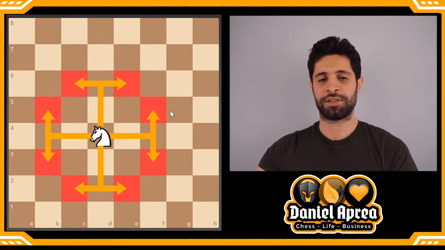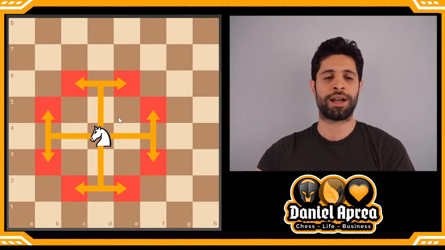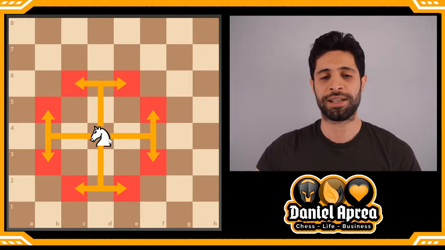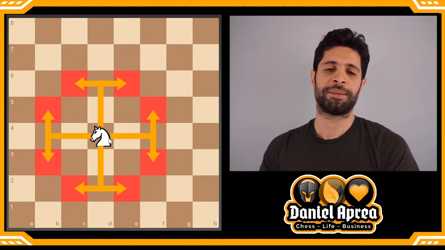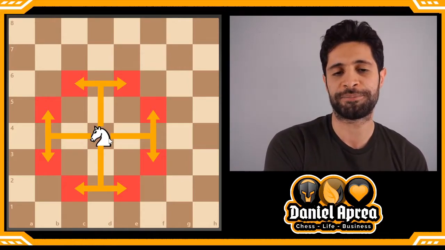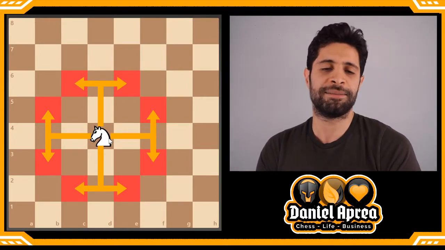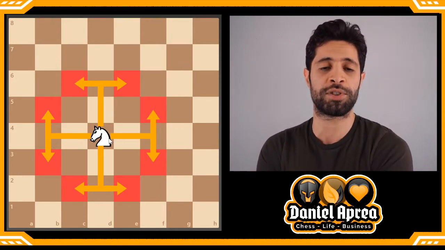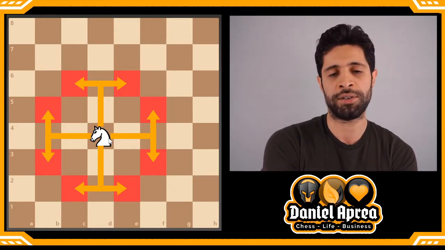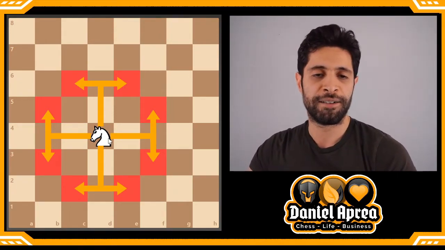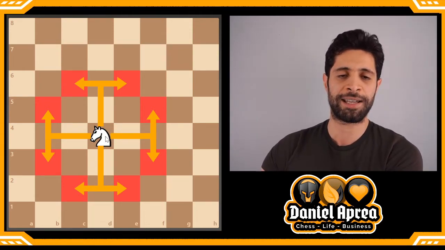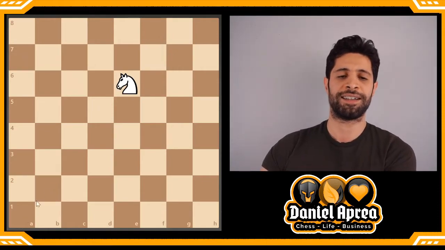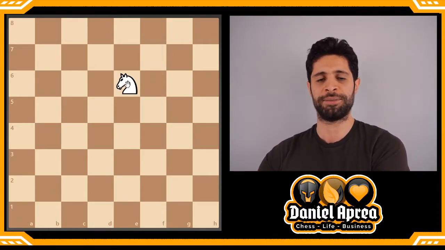Right. So even if there were other pieces around, the knight can still go. Sometimes we can say the knight jumps. When we talk about movements of the pieces, normally you would say moves, but if you want to be a little more vivid in your description, you can call a knight move a knight jump, because you can imagine the knight actually jumping from one place to another rather than moving with their feet on the ground.